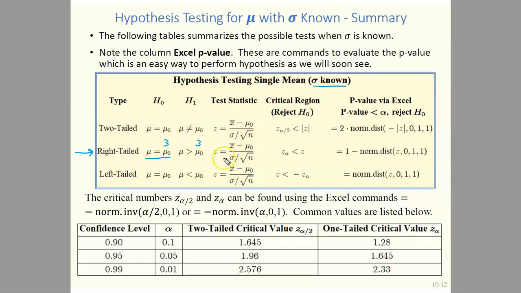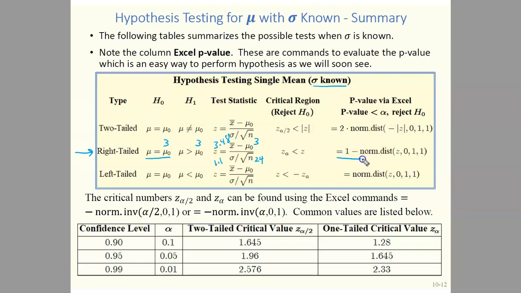Here is our test statistic right here, where the X bar is 3.48. The mu naught is 3. The sigma is 1.1. And the n is 24. So we just have to plug those numbers in and calculate our test statistic.